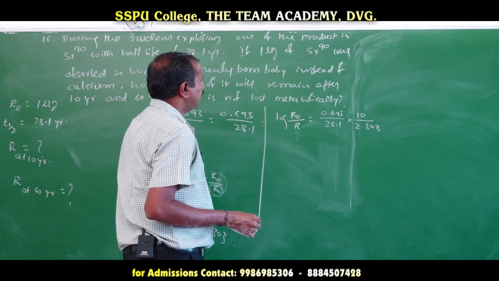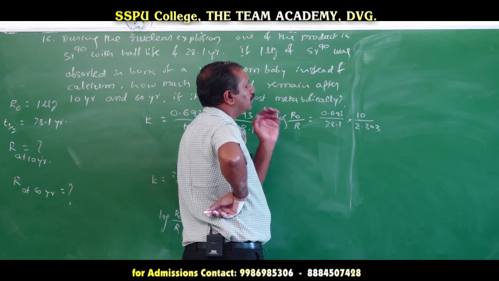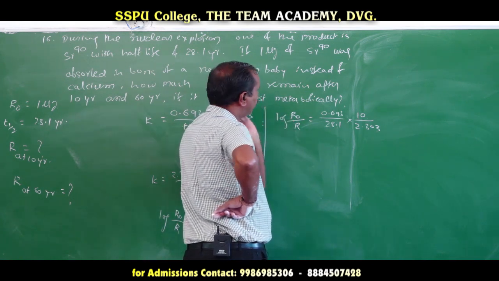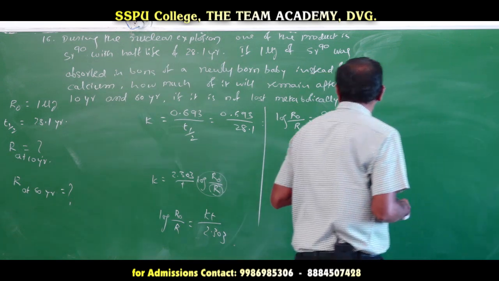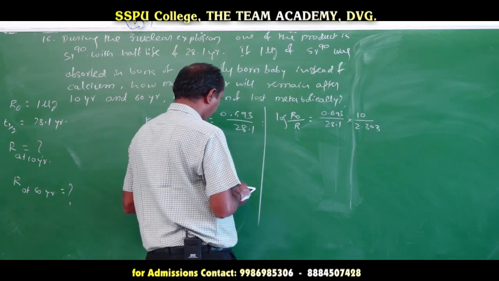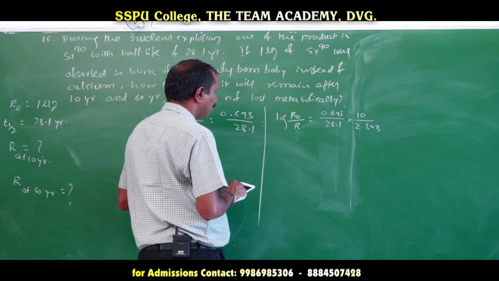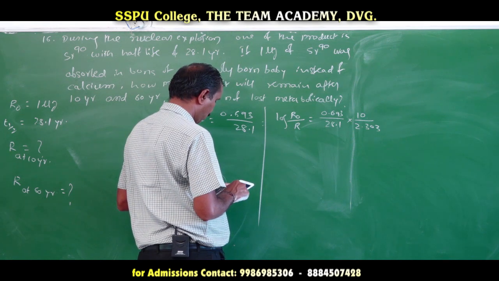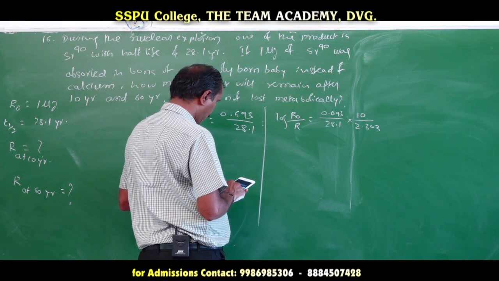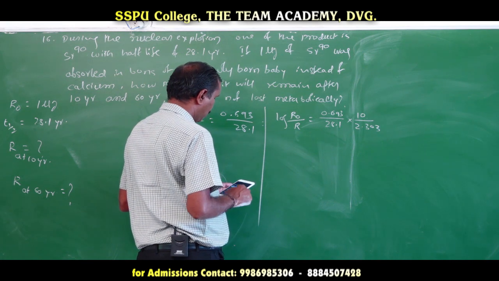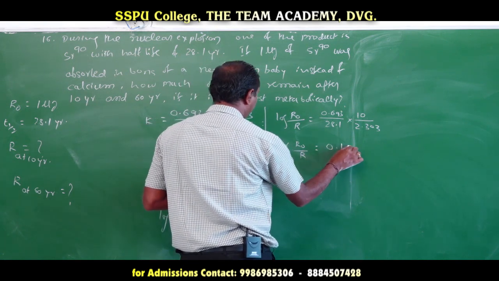0.693 into 10 is 6.93, divided by 28.1 into 2.303. So log R naught by R equals 0.1070.